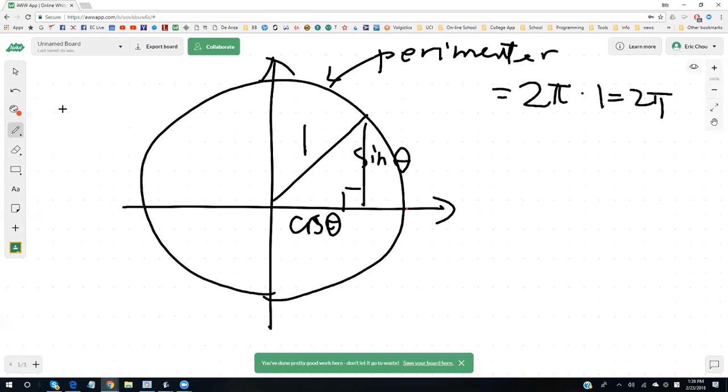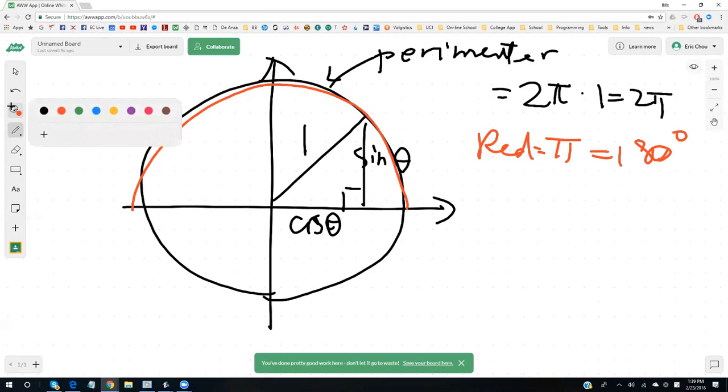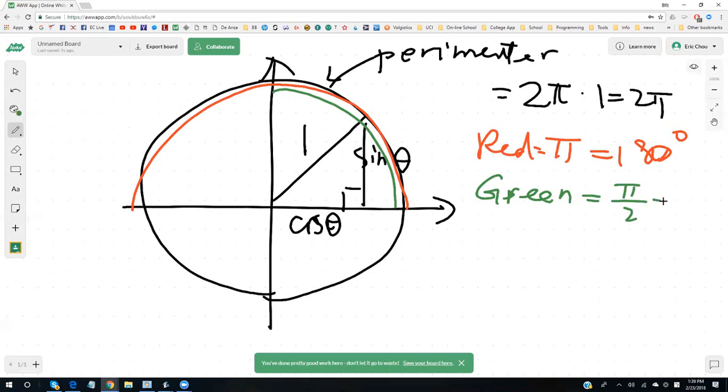Half a circle from here to here, the red one is how much? Pi. That's 180 degrees. Now I have a green one. I go from here to here. How much is the green one? Pi over 2. So pi over 2 equals 90 degrees.